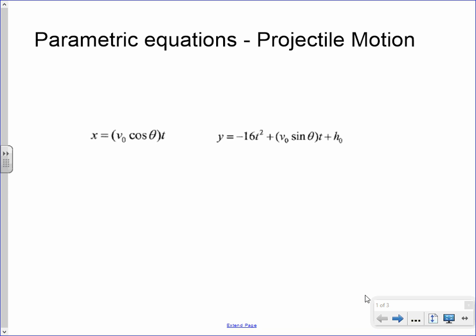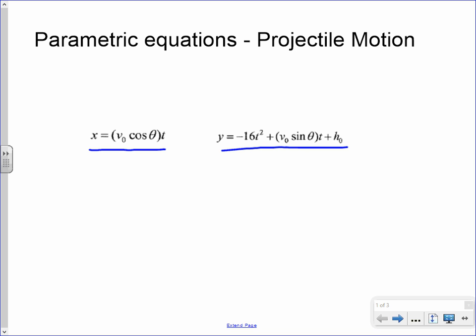What we can do, hold off on writing this down yet because I want to talk about a couple things first. What we can do with parametric equations is basically describe what's happening to the motion two different ways. We can describe what's happening horizontally, and we can describe what is happening vertically in terms of the amount of time that's passed. Okay?